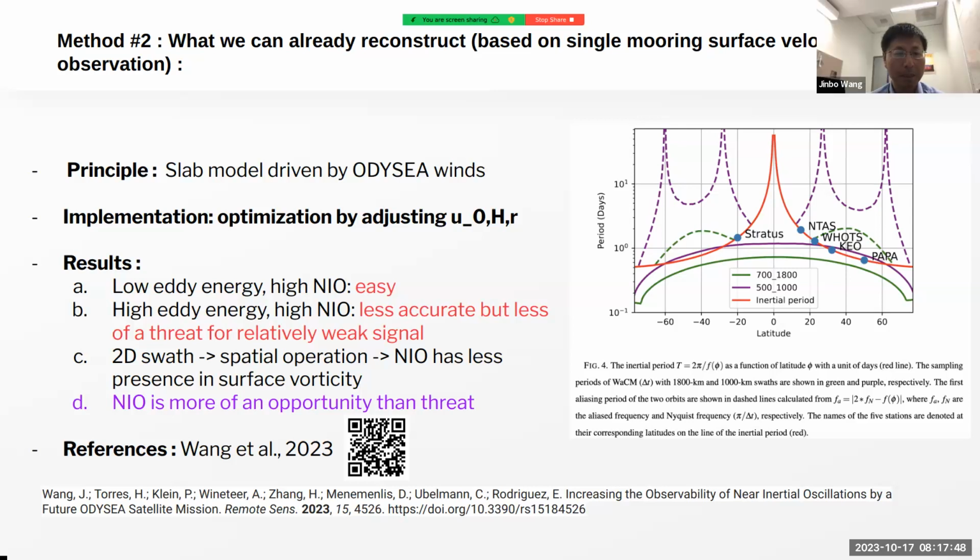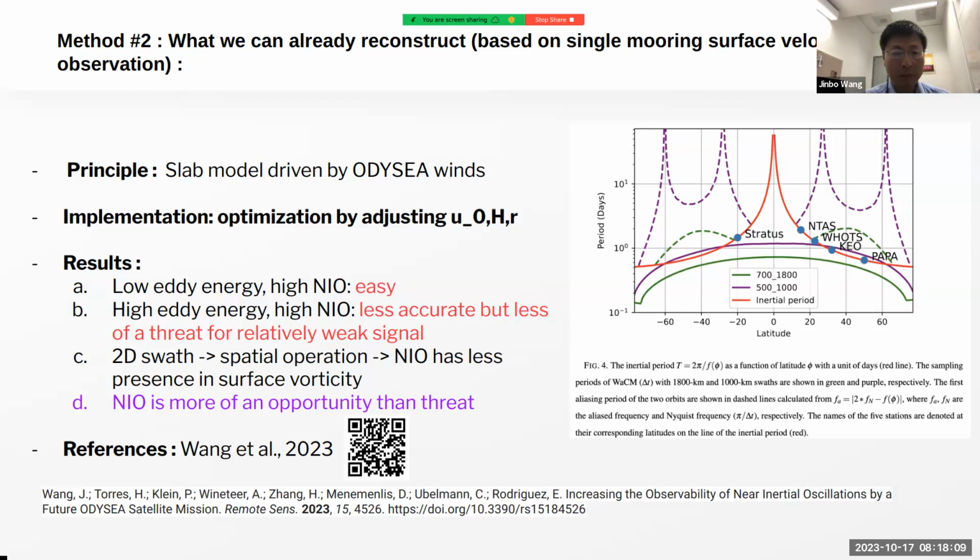Yes. So I'll just quickly go through the conclusion first. The point I want to make in result point C is that with a wide swath you can do spatial operations. NIO and some mesoscale eddies have different spatial characteristics.